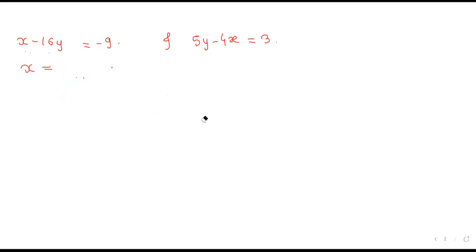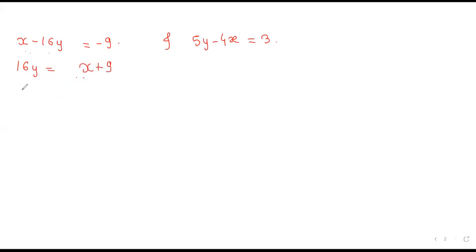We can write this equation, x minus 16y is equal to minus 9, as 16y is equal to x plus 9.